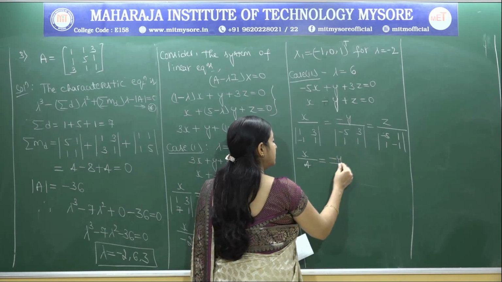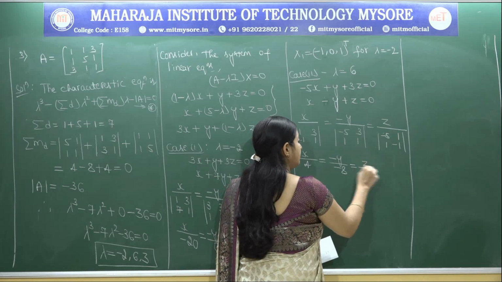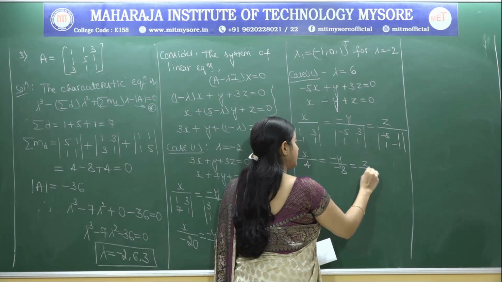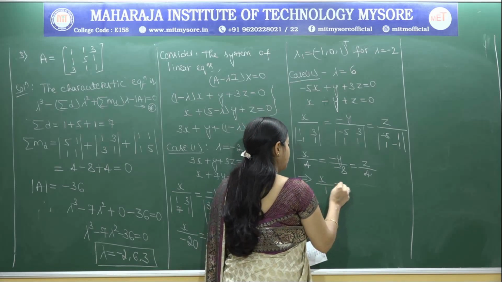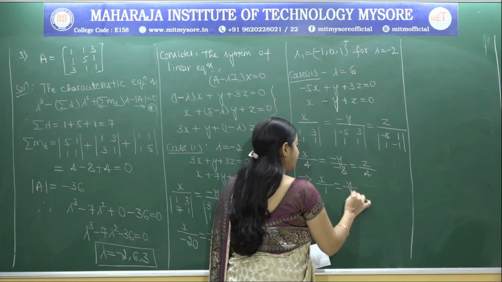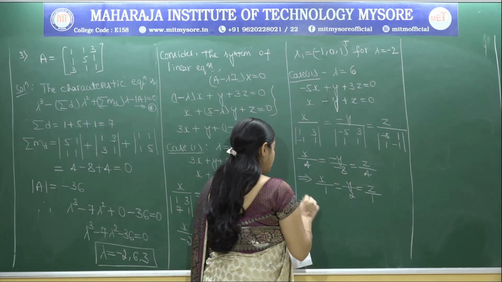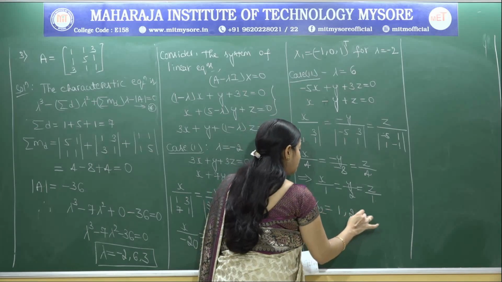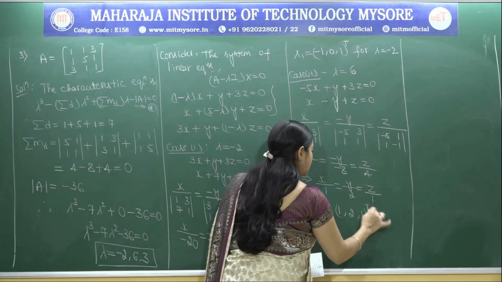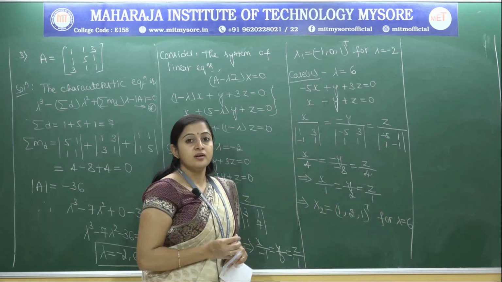Second one, minus 5 minus 3, you will get minus 8. Third one, it is 5 minus 1, you will get 4. On reducing this, you will get 1, y divided by 2, z divided by 1. So the corresponding eigenvector is 1, 2 and 1 transpose for lambda equals 6.